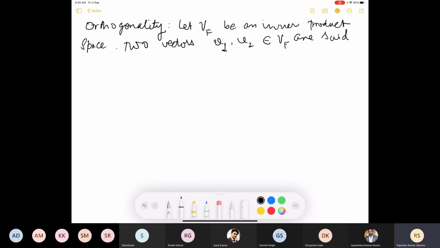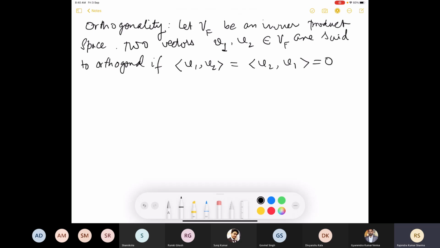You can check that if V1 is orthogonal to V2, then V2 is orthogonal to V1, and therefore we can say that they are orthogonal to each other. So orthogonal if the inner product of V1 with V2, which is the same as of course V2 with V1, is 0.